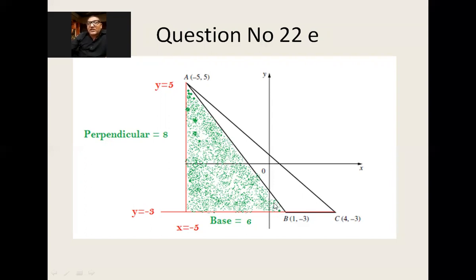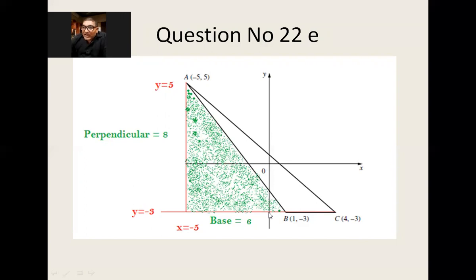So whatever will be the value of the cosine of this angle, the same will be the value of the cosine of this obtuse angle. The only difference is I have to put a negative sign with it. So I will find the cosine of this acute angle, and whatever value I get, that is the same value which this one has.